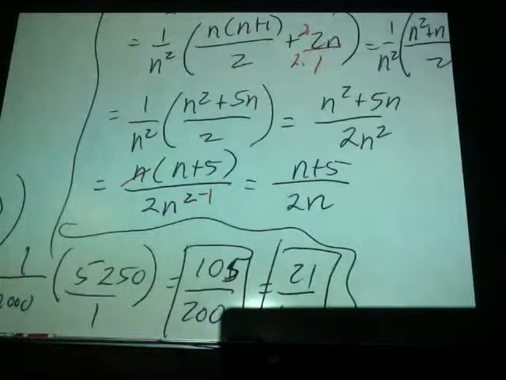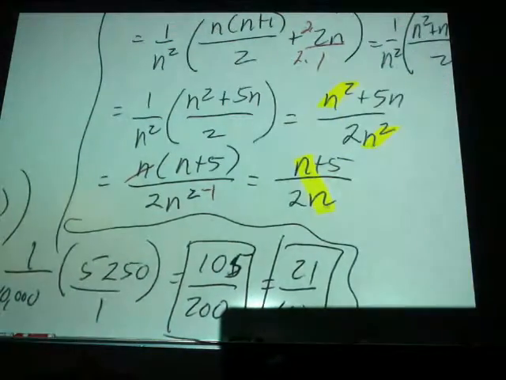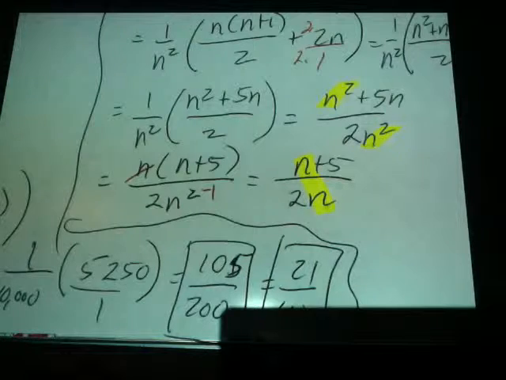So our numerator and our denominator are the same degree. We could have looked at it here, right? Or here. Either one of those two, the numerator and the denominator are still the same, aren't they? What's the rule for finding the limit as that sequence approaches infinity when the degrees of the numerator and denominator are the same?